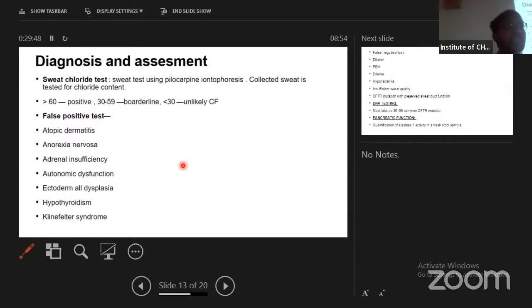False positive results we can get in atopic dermatitis, anorexia nervosa, adrenal insufficiency, autonomic dysfunction, ectodermal dysplasia, hypothyroidism, and in Klinefelter syndrome.